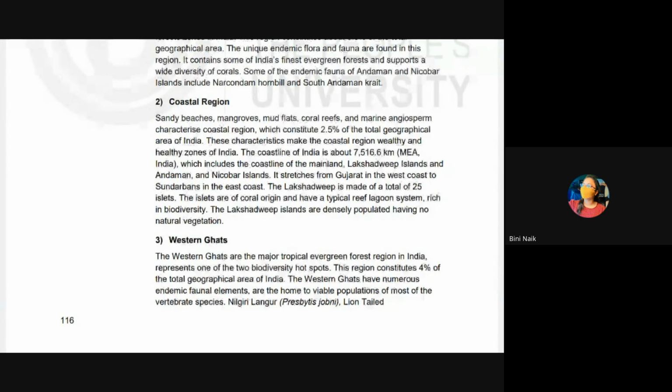Then you have Northern Sirkar. So these are the divisions of the eastern and western coastal plains.